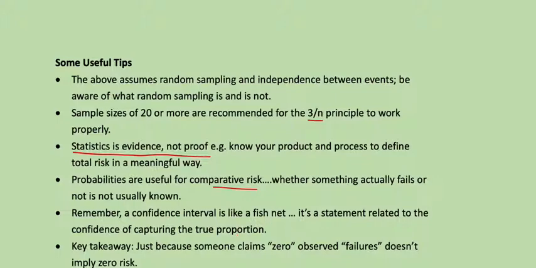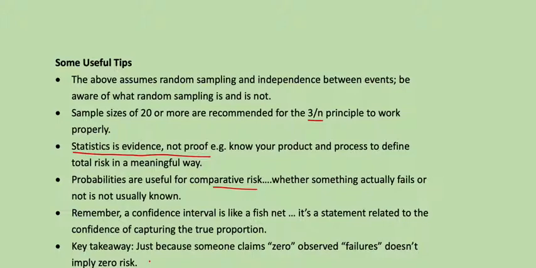It's a statement related to the confidence of capturing the true proportion. One of the misnomers in statistics is the idea of confidence, because people equate it with some kind of psychological or warm, fuzzy feeling. It's actually a statistical interval, whether or not you're going to capture the true defect proportion under repeated samplings.